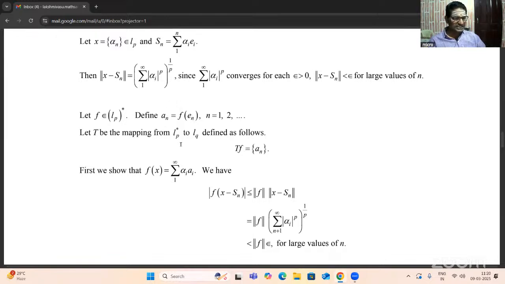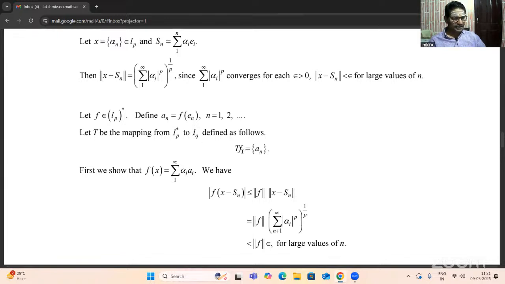So the mapping T is defined from the dual of LP to LQ. What about the relation? We take any linear functional, say f. So T of f equals, what is the value in LQ? The LQ value is the sequence of an, because this is the LQ representation.